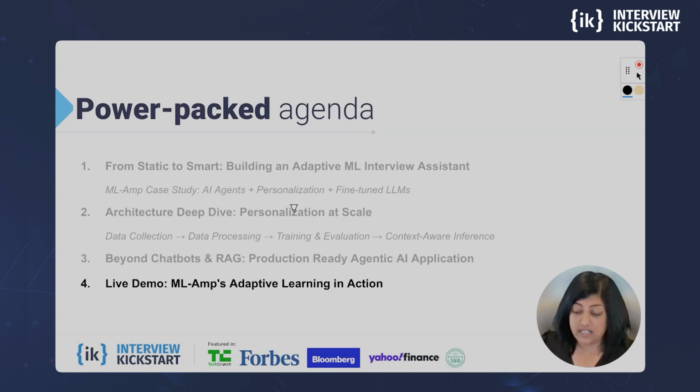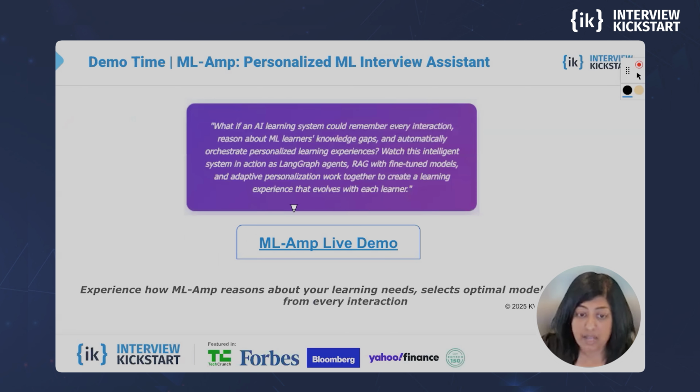All right, let's go back to the slide deck. So I've concluded the demo and hope you enjoyed viewing ML AMP in action. All right. And just to recap, what did it do, right? It is an AI learning system, and it's remembering every interaction. It's reasoning about the user's knowledge gaps and automatically orchestrating personalized learning experiences. You saw ML AMP in action.